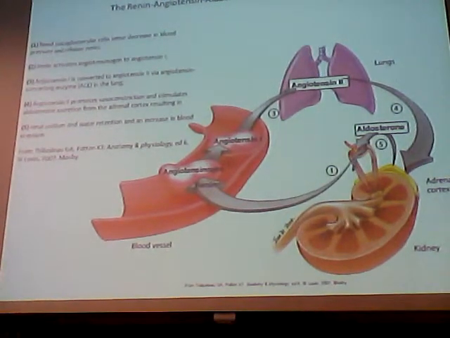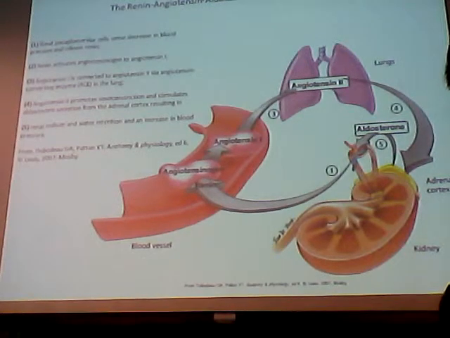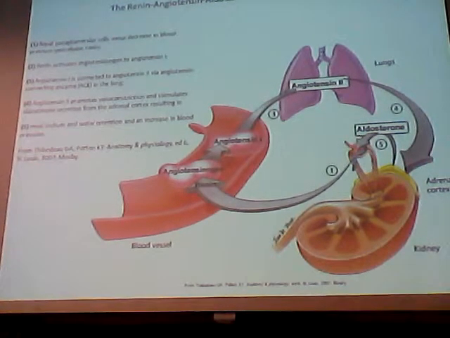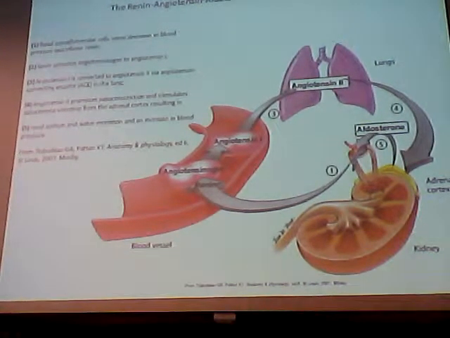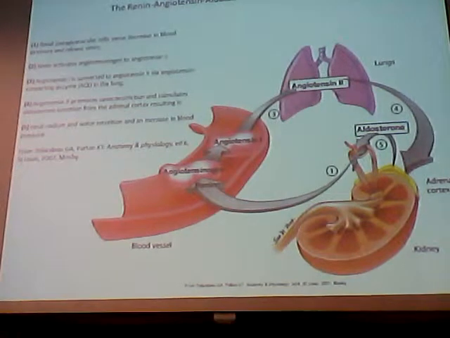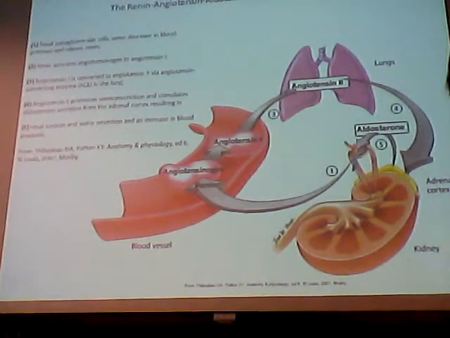Renin, angiotensin, aldosterone system, this is also a really important one to know. If you have a low blood pressure, you want to secrete aldosterone in the final step because you want to retain fluid. Low blood pressure relates to low circulating fluid volume.